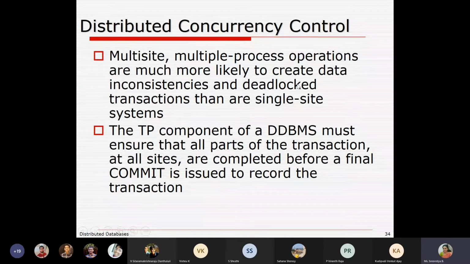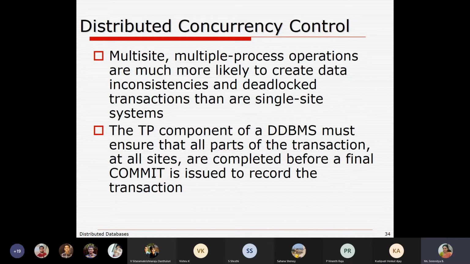Here, concurrency control in a multi-site, multiple process operation in a distributed environment is quite possible. Different sites have different data processing units, and you can have one or more transaction processing units also.